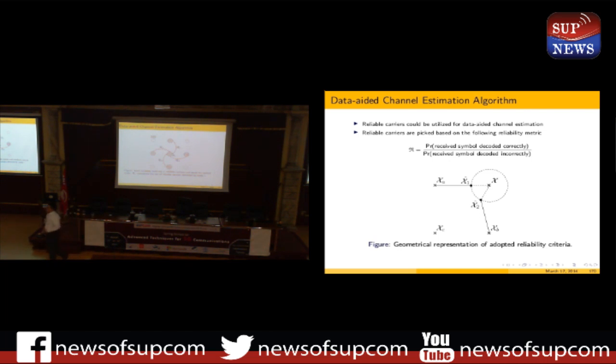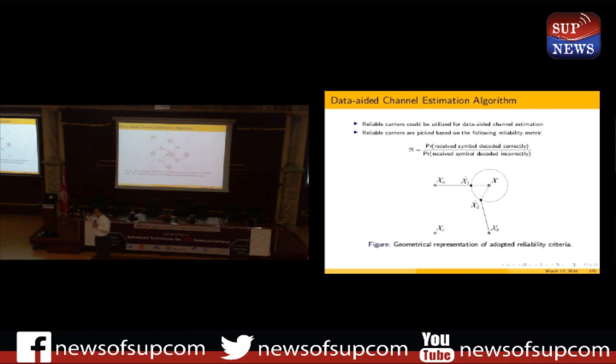Now the thing is, these carriers might be different. The reliable carriers for this might be different from this, might be different from this, might be different from this, right? So what the central antenna does is take the intersection of these reliable carriers, and then it sends it back to the antennas, and, to improve the reliability even further, it tells them: send me the data you have on these carriers.